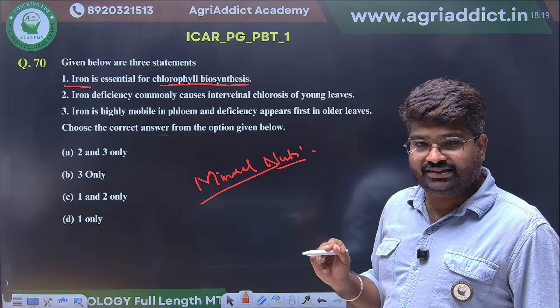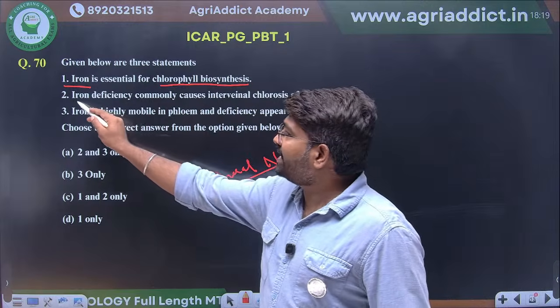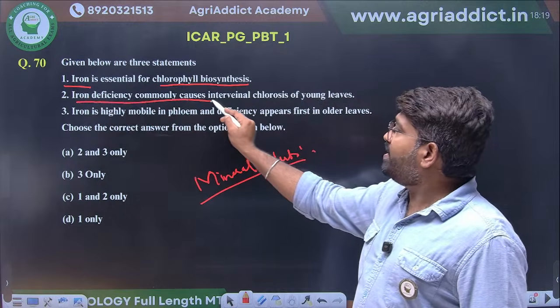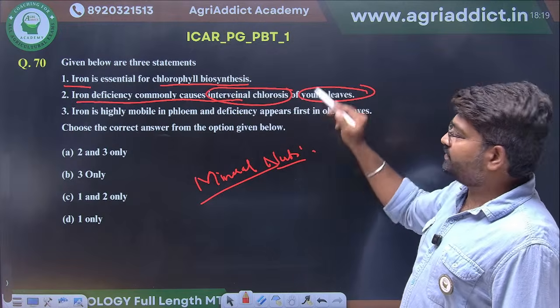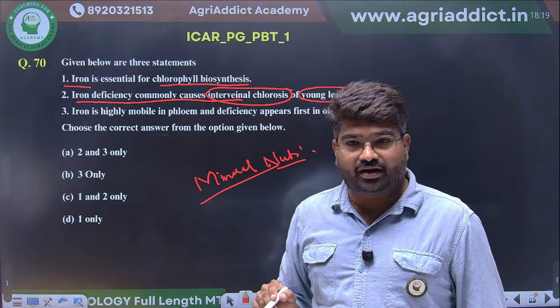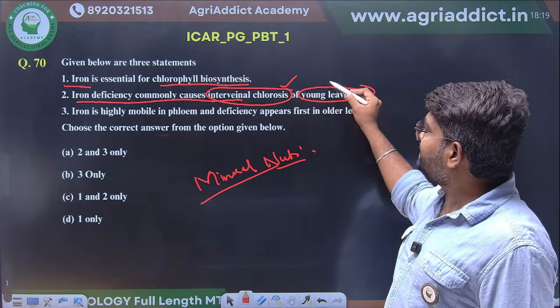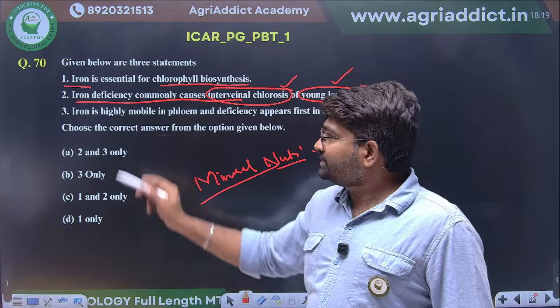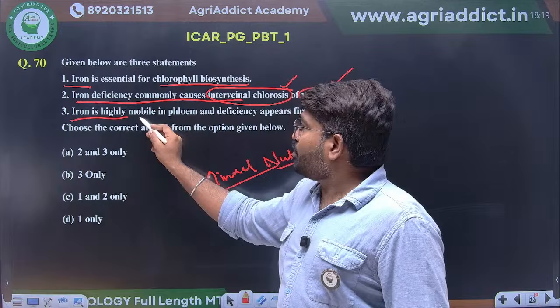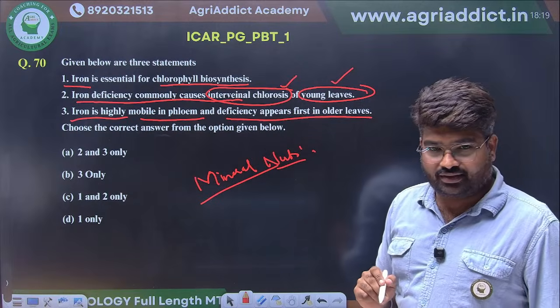The second statement is: iron deficiency commonly causes interveinal chlorosis in young leaf. Third: iron is mobile in phloem and deficiency appears first in older leaf.